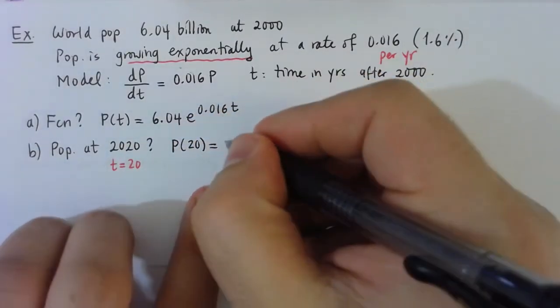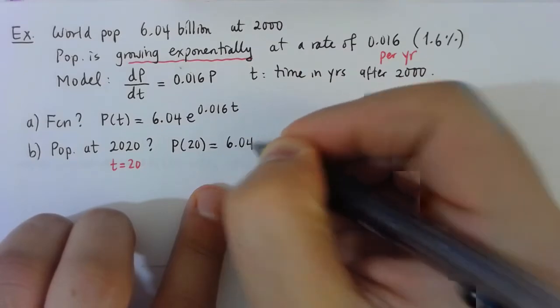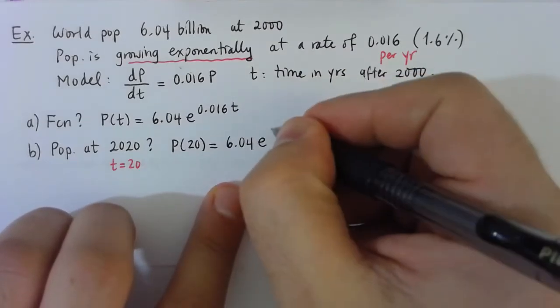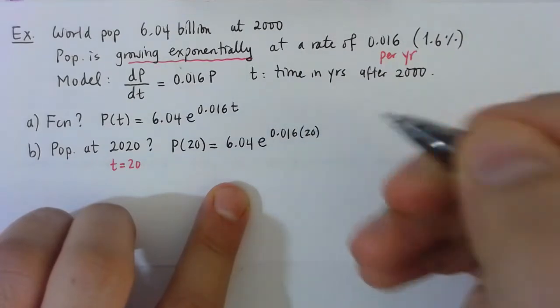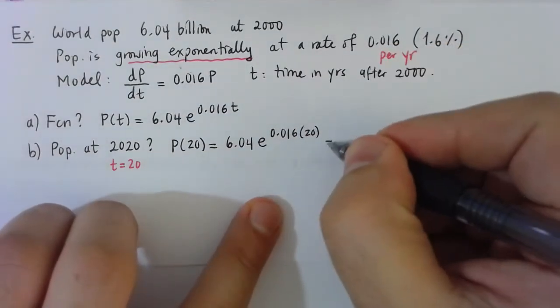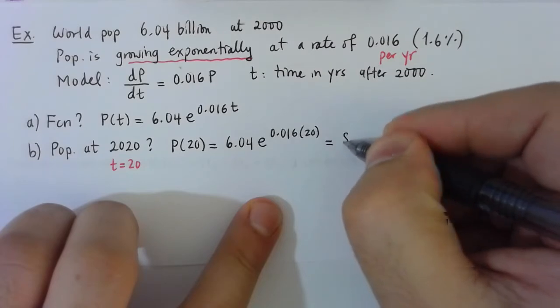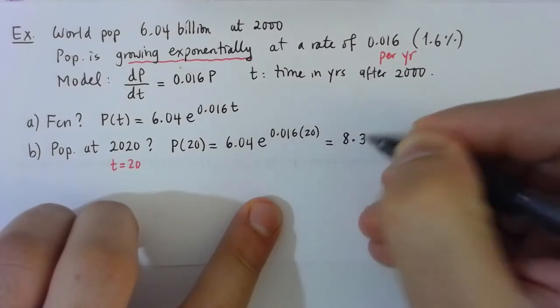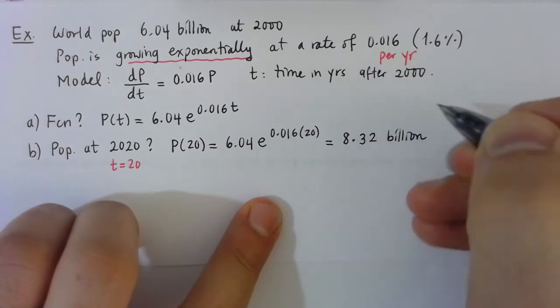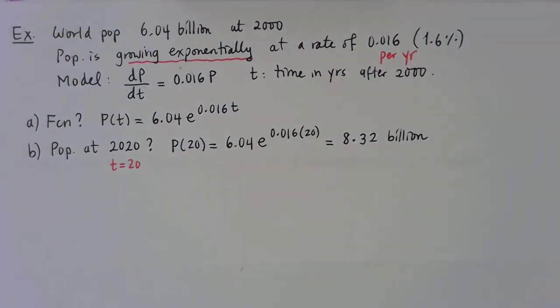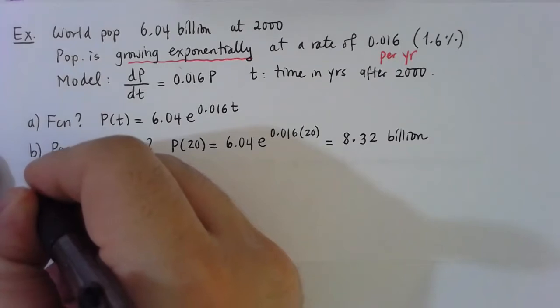That's going to be 6.04 e to the power 0.016 multiplied by 20, and that's going to give us 8.32 billion. That's the population.